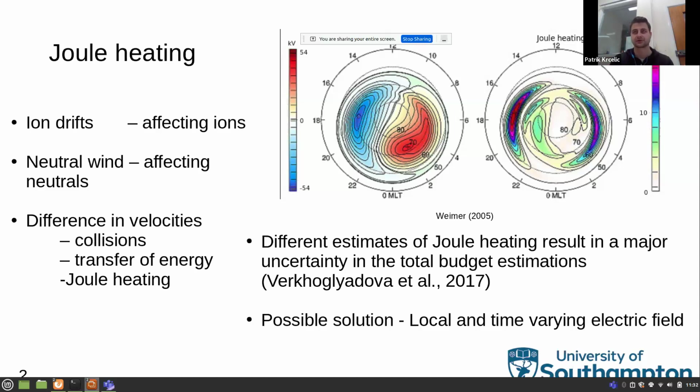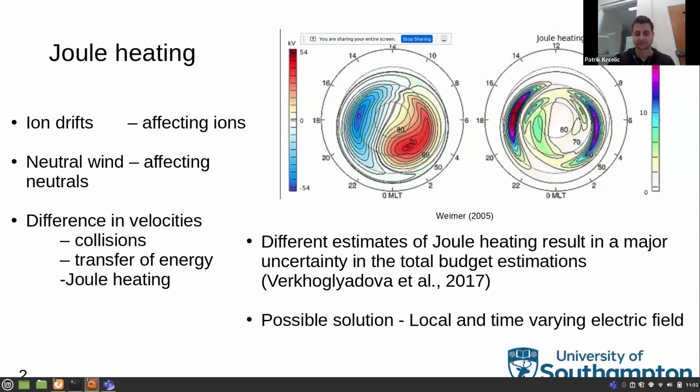It seems that we are missing some energy. When you calculate the total energy coming in and what is deposited into the polar cap, we are missing something. One of the ideas is that we might be underestimating the Joule heating, and the possible solution is the inclusion of local and time varying electric fields.